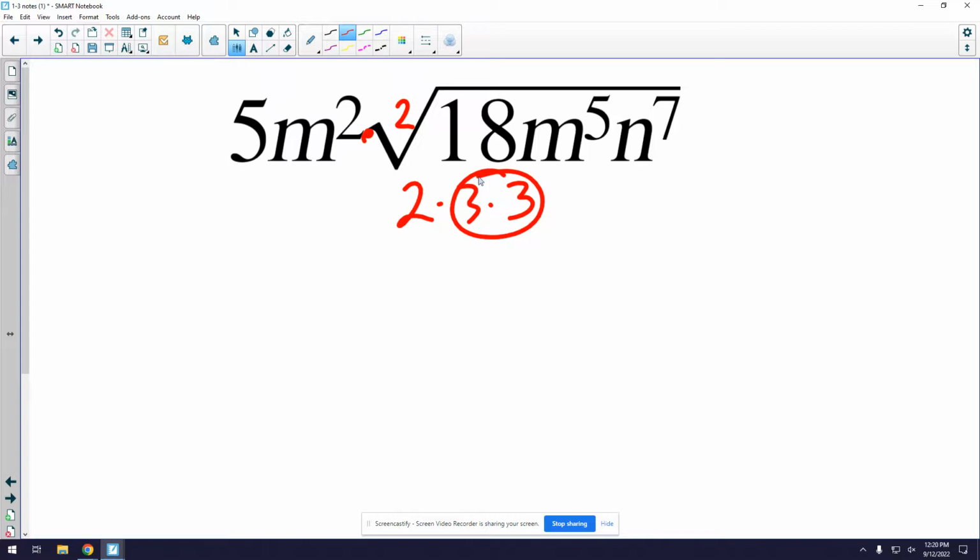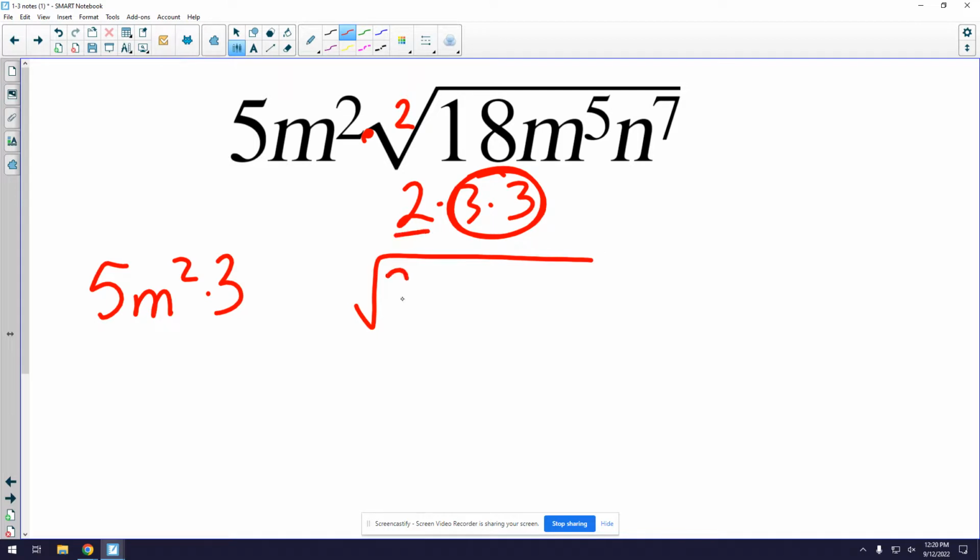So the pair of 3 is going to come out. We're going to keep that 5m squared. Now times this group of 3 comes outside of the square root as a 3. Underneath our square root, the 2 does not have a pair, so it stays underneath. We move on to our m to the 5th under that square root. Well, we need groups of 2.